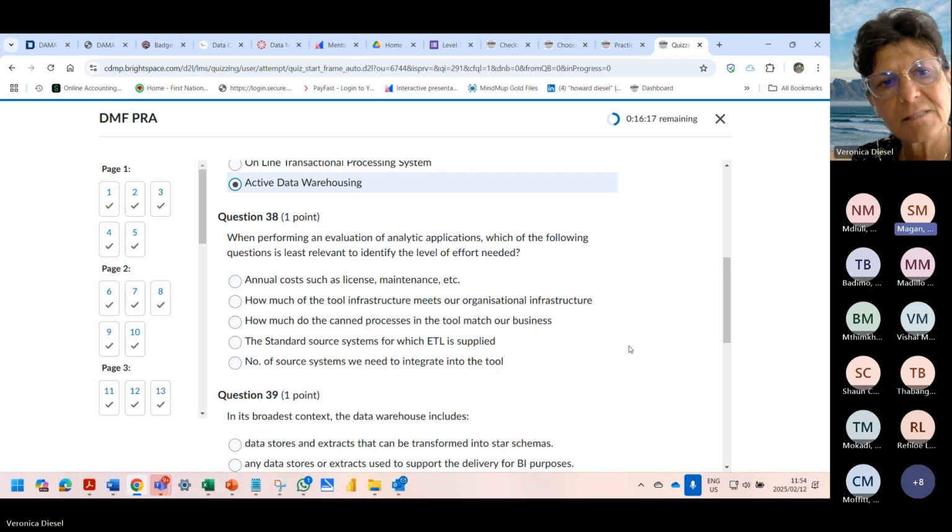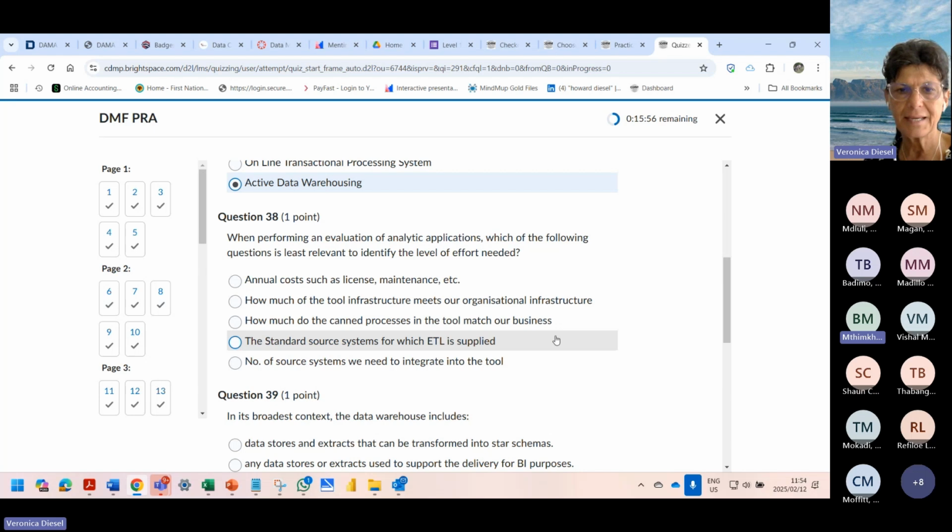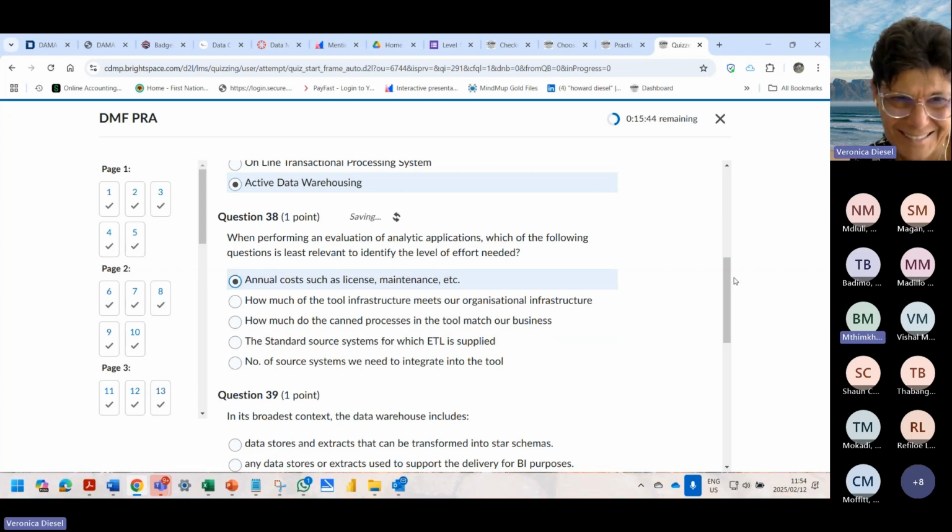The third one. How much do the canned processes in the tool match our business? If they don't, then we're going to have some effort. The standard source systems? No. Well, cost is important, but look at the question: identify the level of effort. Yes, that's not effort. That's pain, not effort.